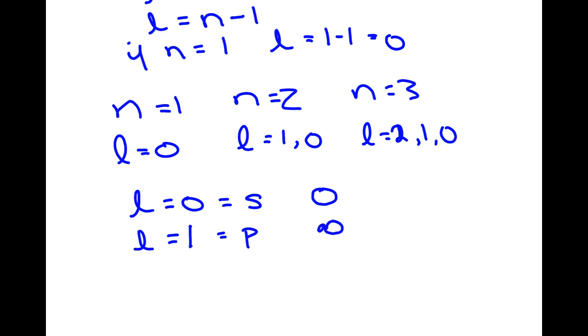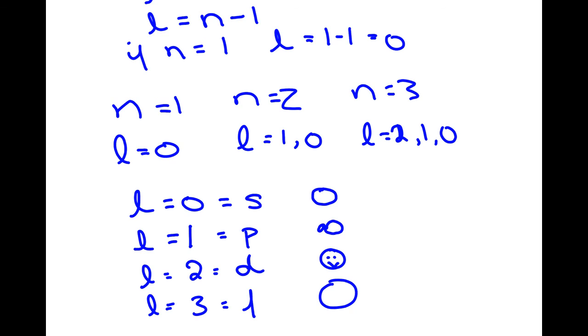If L equals 2, then the letter is d, and yeah, I'm never going to be able to draw that. And if L equals 3, you have an f subshell, and there's even less of a chance of me drawing that.